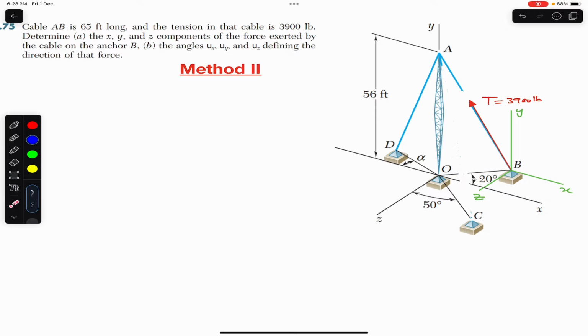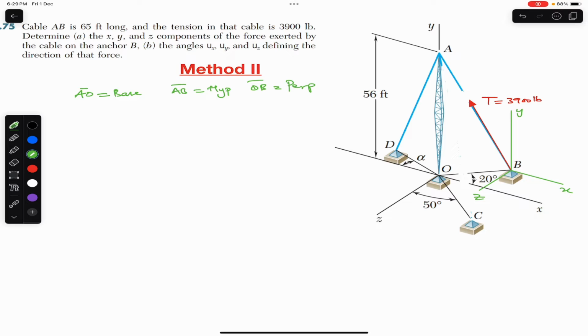So if we consider this AOB triangle, this is a right angle triangle, and we are given this AO length and this AB length. By using the Pythagoras theorem, we can find this OB length. AB is the hypotenuse, AO is the base, and OB is the perpendicular.